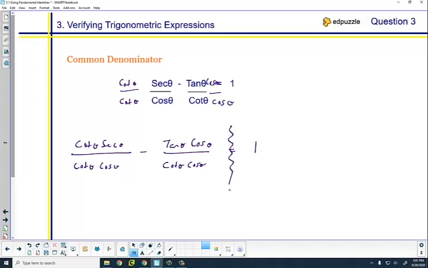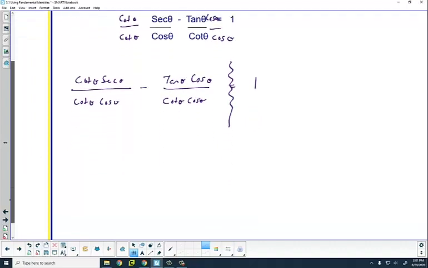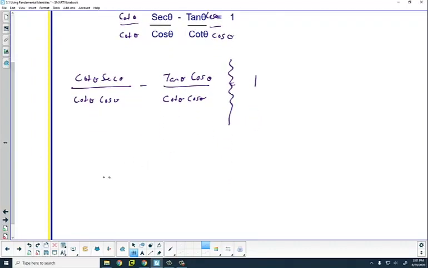Here's our river. All right, we have common denominators. We have cotangent cosine, and the numerator is cotangent secant minus tangent cosine equals 1.